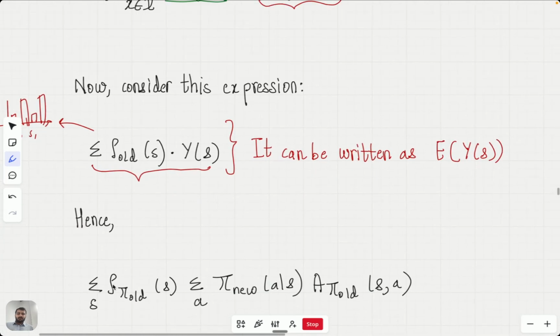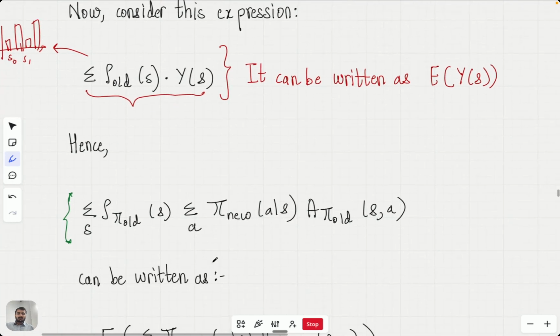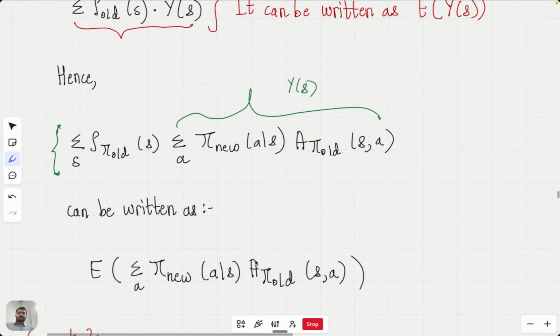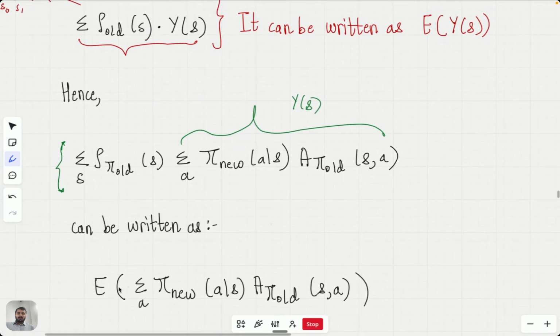And now we look at our expression, the objective function that we have to maximize. So here this becomes y of s. This is y of s, and we remove this summation out and replace it by expected value of y of s. So expected value of whatever comes inside, and this expected value is over all the states which are sampled from the state space.